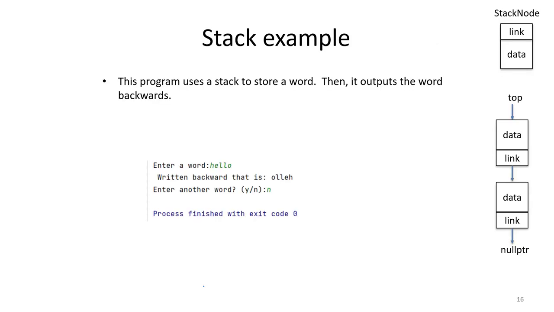Let's go ahead and start with an example of a stack. In this case, I have a very simple program, and this program uses a stack to store a word. So we prompt the user for a word, such as hello.